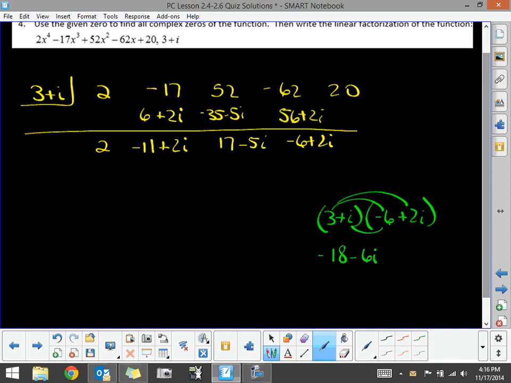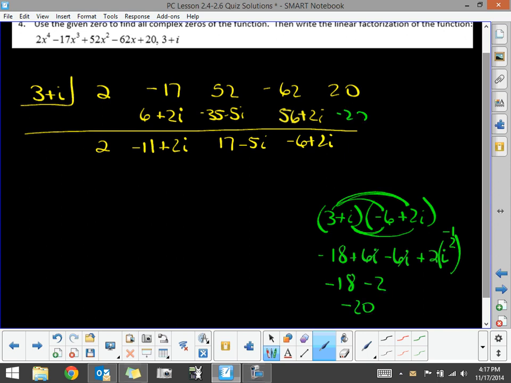Actually, that's an error, that's a plus 6i on the outside, so plus 6i. On the inside is a minus 6i. And on the last term you have a positive 2i squared. So that's a negative 18. These will reduce. Your i squared is a negative 1, so it's going to be minus 2. And that's a negative 20 total.